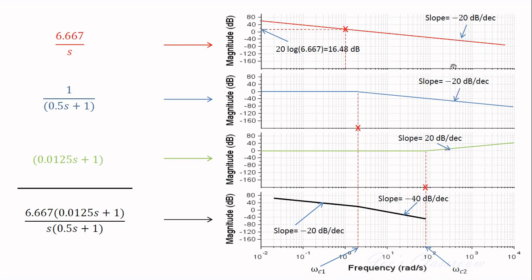Therefore the net slope is going to be minus 20 decibels per decade, and it means that beyond this second corner frequency, there is going to be a line with minus 20 decibels per decade. So go by one decade, come down by 20 decibels, take a point and connect it. Yeah, you could draw a line with minus 20 decibels per decade.